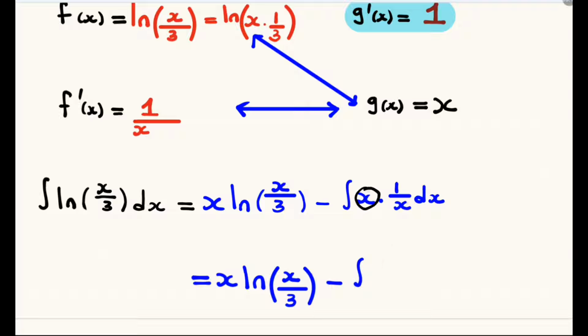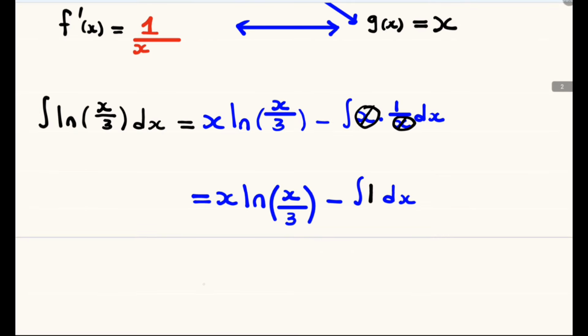So that x will cancel out with that x in the denominator, and we have 1 multiplied by dx, and this will be equal to x multiplied by the ln of x divided by 3 minus the integral of 1 with respect to x, which is equal to x, plus the constant c.